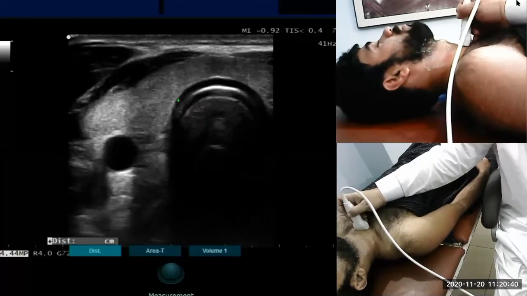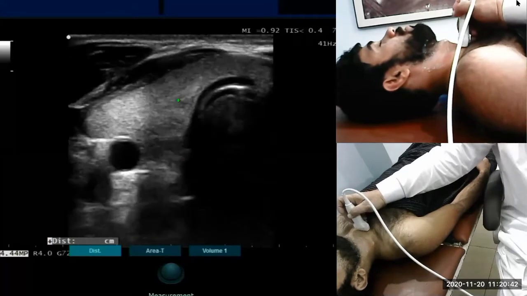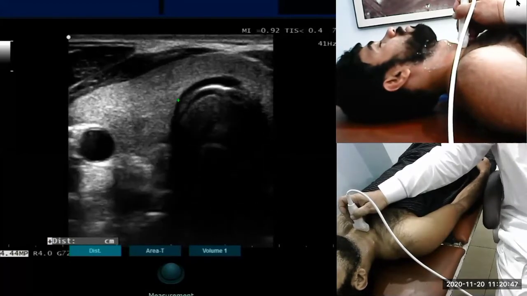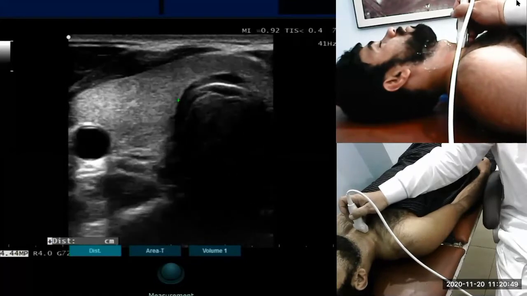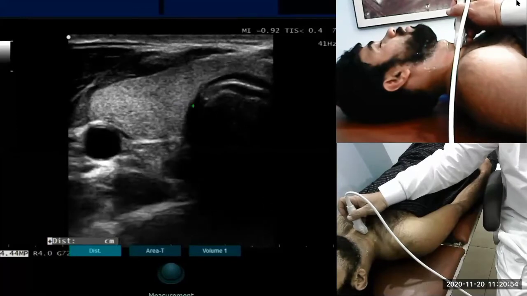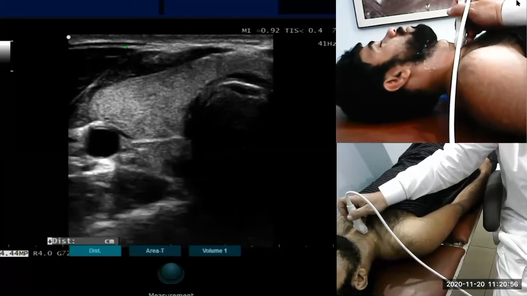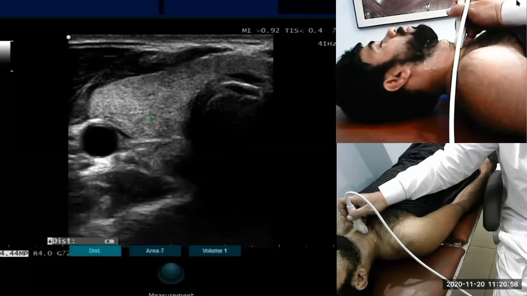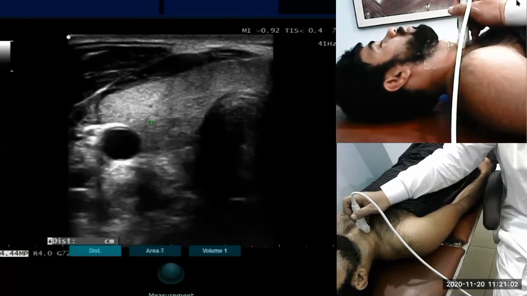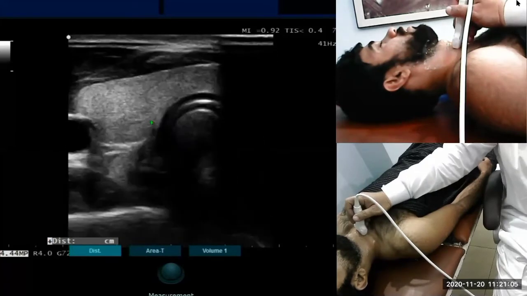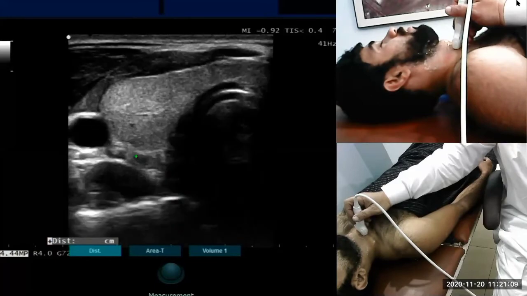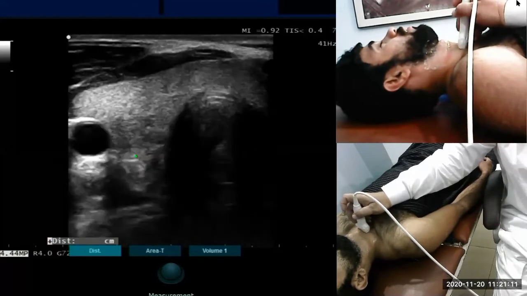So usually the length of the thyroid is around 5 centimeter and the transverse diameter less than 2. The anteroposterior diameter also is less than 2. In a thinly built individual, if this anteroposterior diameter is more than 2.5, the gland will become goitrous.